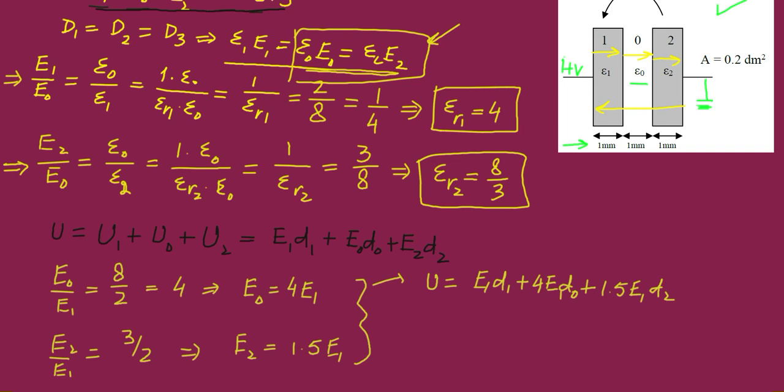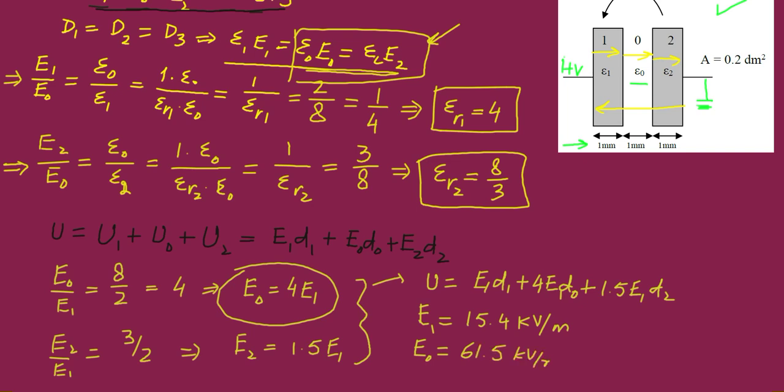So we can determine the value of E1 equal to 15.4 kilovolt per meter. Once we have found the value of E1, we can find the value of E0. E0 will be equal to 4 times E1, so 15.4 multiplied by 4 will be 61.5 kilovolt per meter.